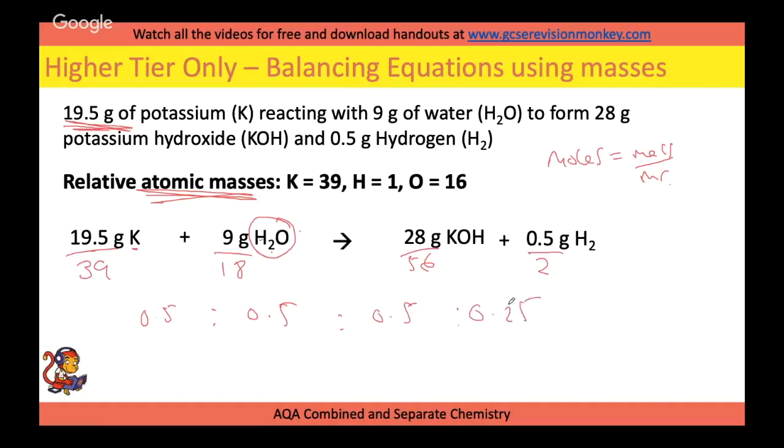So we're nearly there to balancing our equation, but it can't have decimals in. So if you divide everything by the smallest one, that will give us a ratio of 2 to 2 to 2 to 1. And the final thing, don't miss out this step, is you have to write the balanced equation.